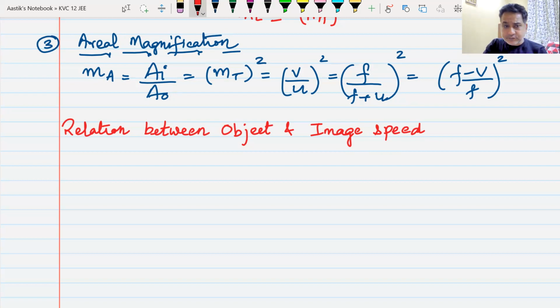If you recollect, we had seen the same formula for a mirror: the relation between object and image speeds. Do you remember that formula?